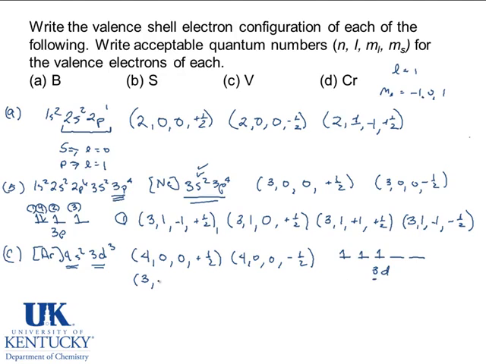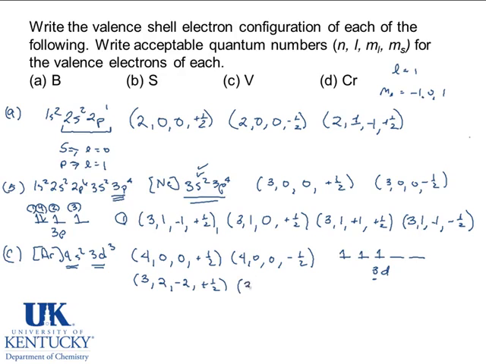When you have a D subshell, that is an l of 2. My choices for m sub l are a -2 up to a +2. I can choose any one I want, but I'm going to choose it in order from a -2 up to a +2. I'm going to spin it in one direction or the other. It doesn't matter which one I choose, but generally speaking, when you do an up arrow, you choose the +1/2.